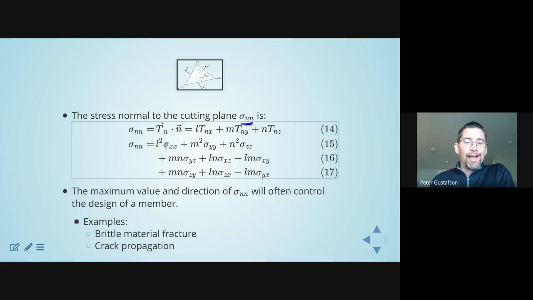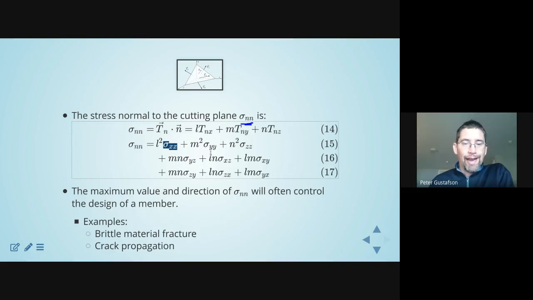It's going to be sigma xx times l squared, plus sigma yy times m squared, plus sigma zz times n squared, plus these combinations: mn sigma yz, plus ln sigma xz, plus lm sigma xy, plus mn sigma zy, plus ln sigma zx. You don't need me to read it all to you.